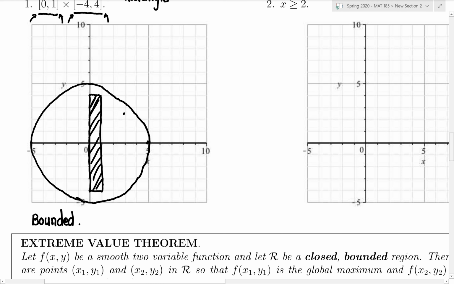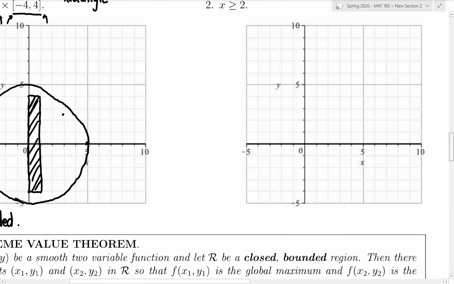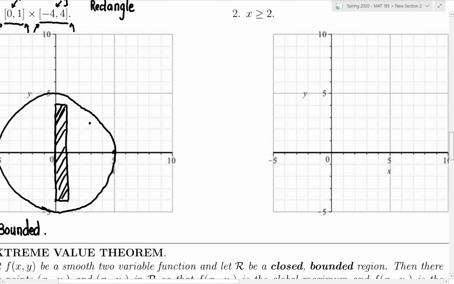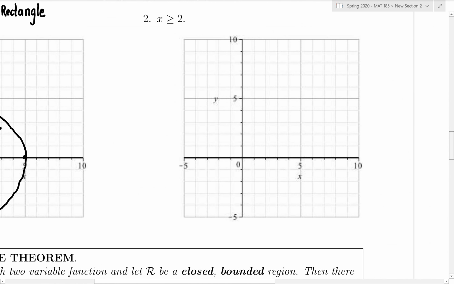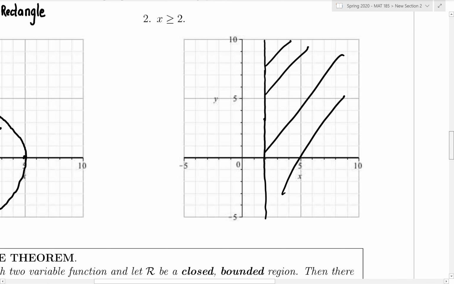So you might think that is quite vague. You might even think that's always possible. So let's look at the following region. Now we are going to look at the region x is bigger than or equal to 2. If I look at that one, this is my line, x is equal to 2. And when we're looking at bigger than 2, that means we're looking at all the region to the right of this.